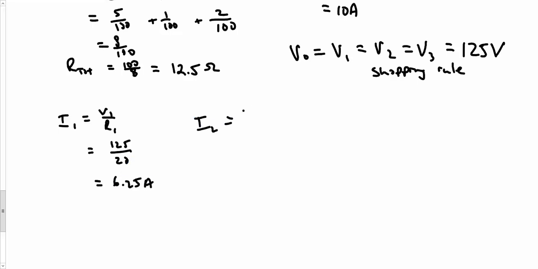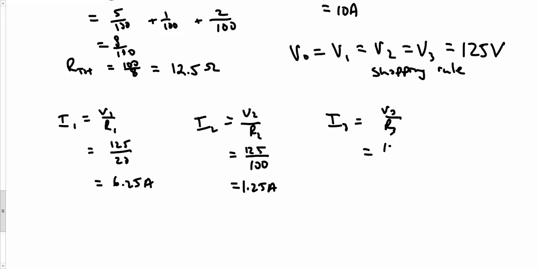I2 is V2 over R2, which is 125 over 100, which is 1.25 amps. And I3 is V3 over R3, which is 125 over 50, which is 2.5 amps.